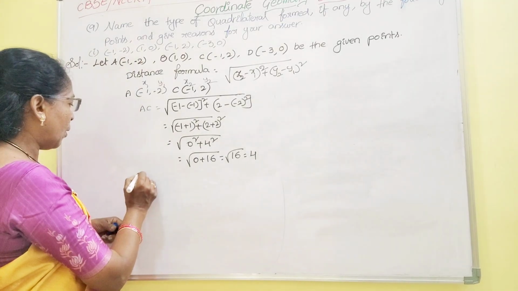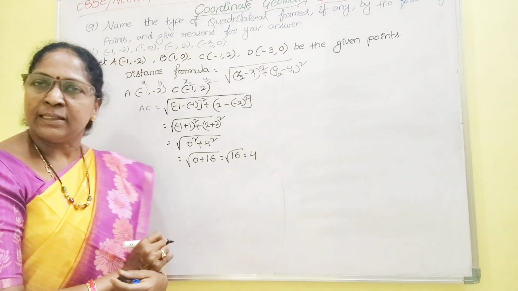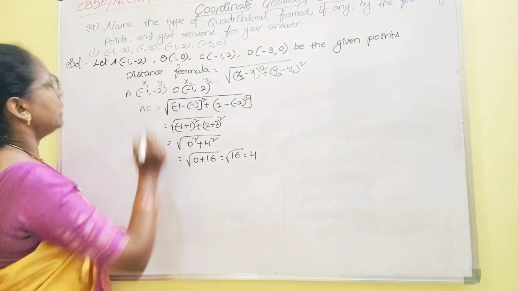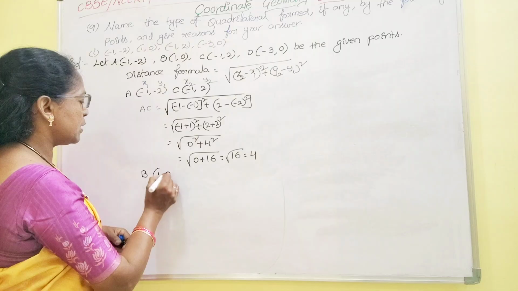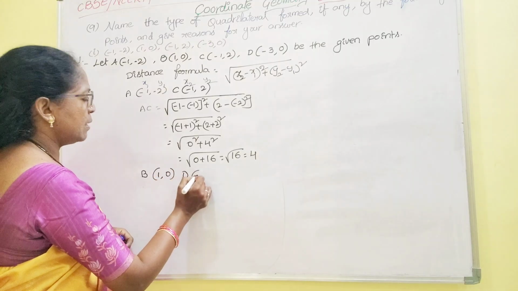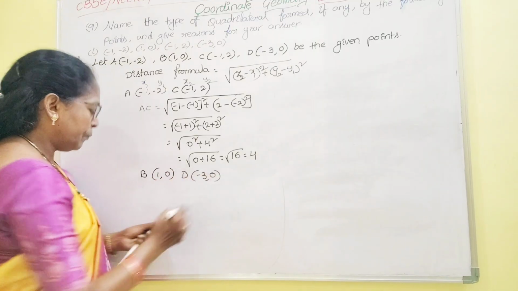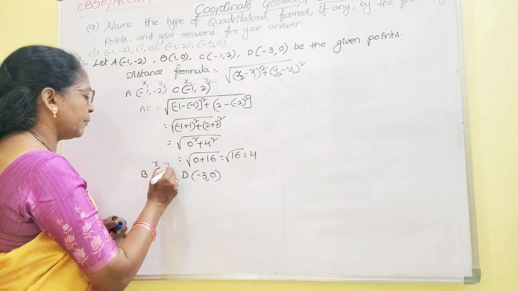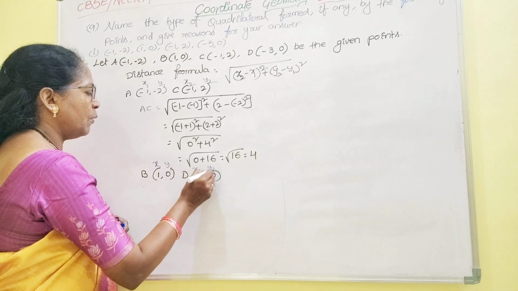Now points BD. AC is the diagonal, as well as the next diagonal BD, where B point is 1 comma 0 and D point is minus 3 comma 0. Again they represent x1 y1, x2 y2.